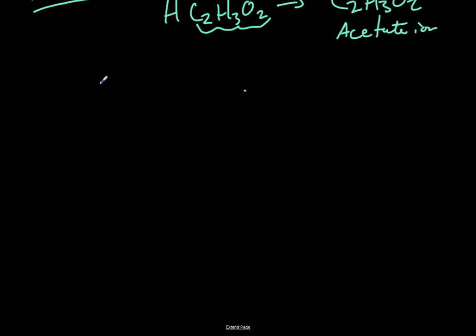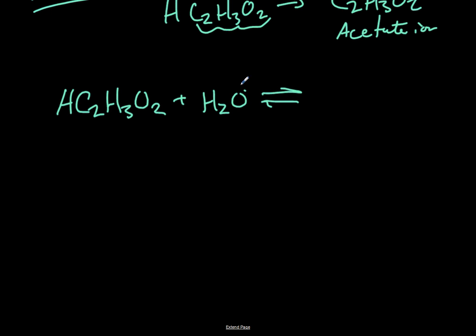I'm not sure. You can look up the name origin of acetate if you want, for sure. If we put it in here, now we get a true equilibrium, right? In fact, I'm not exactly sure, but I believe this equilibrium actually is less than 1. Don't quote me on that, but I believe it is.